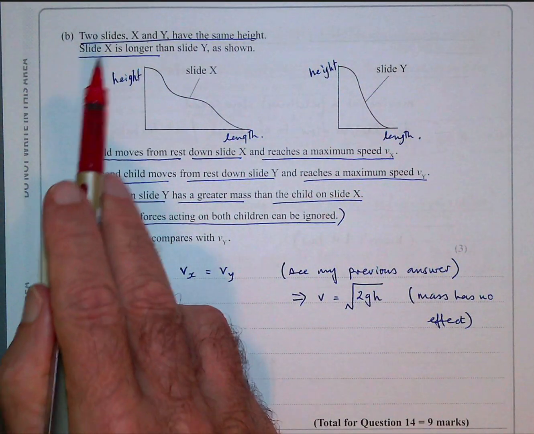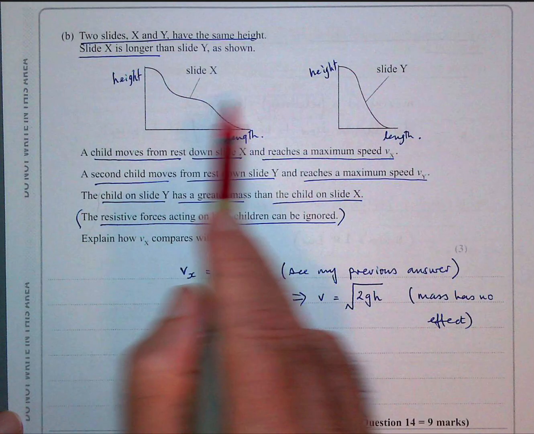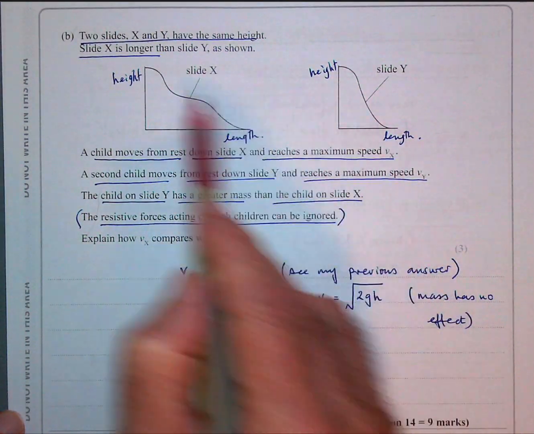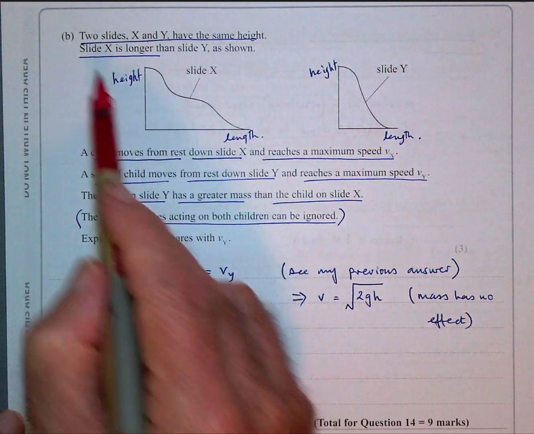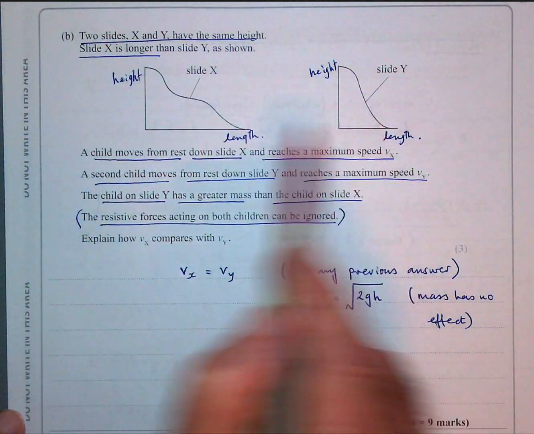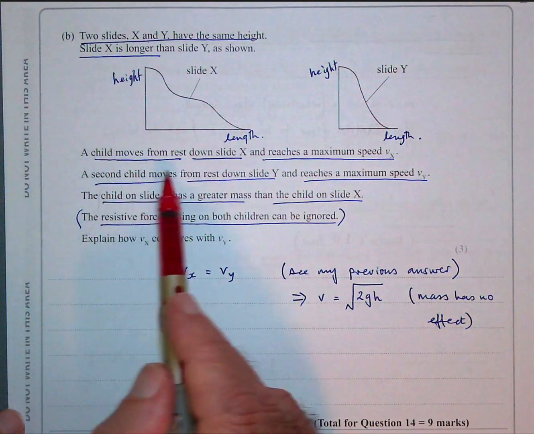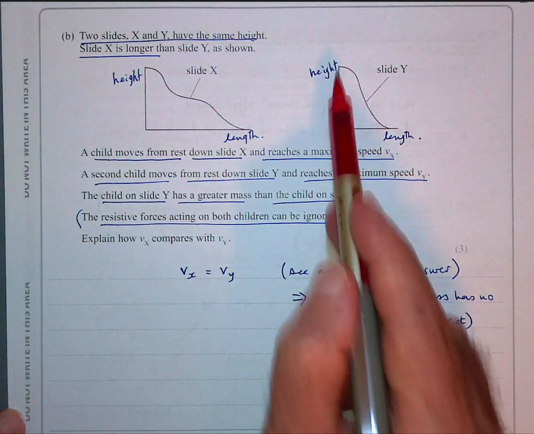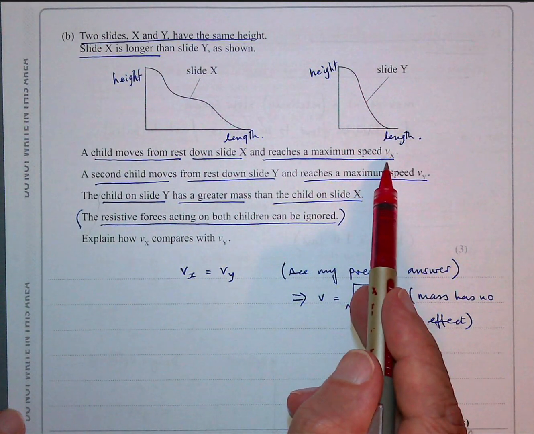And then part b says the 2 slides, X and Y, have slightly different profiles. They both still have a very steep bit here. This one's got the shallow bit there. And it says X is longer than slide Y. A child moves from rest down slide X, these graphs are height against length, and reaches a maximum speed of Vx.